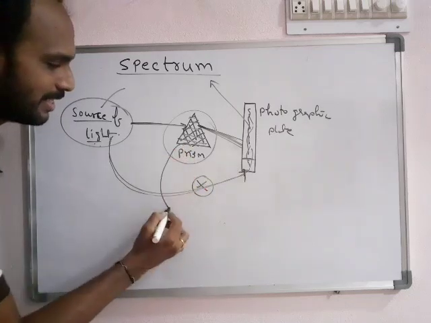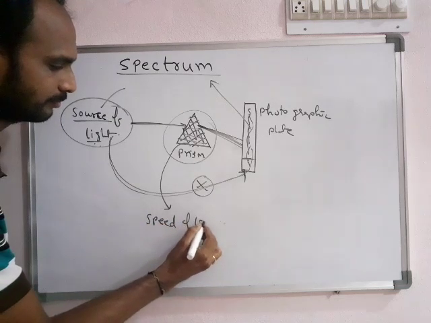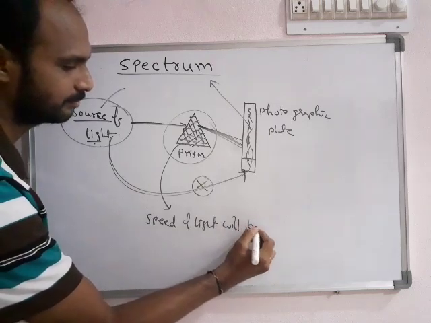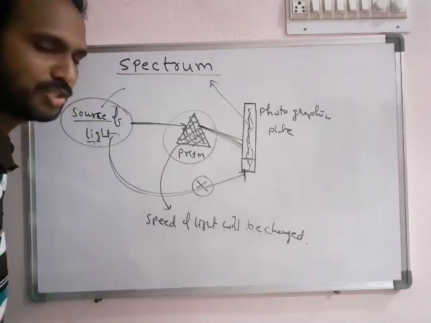అండ్ ఈ ప్రిజం మెటీరియల్ ఏమవుతుందంటే speed of light will be changed.